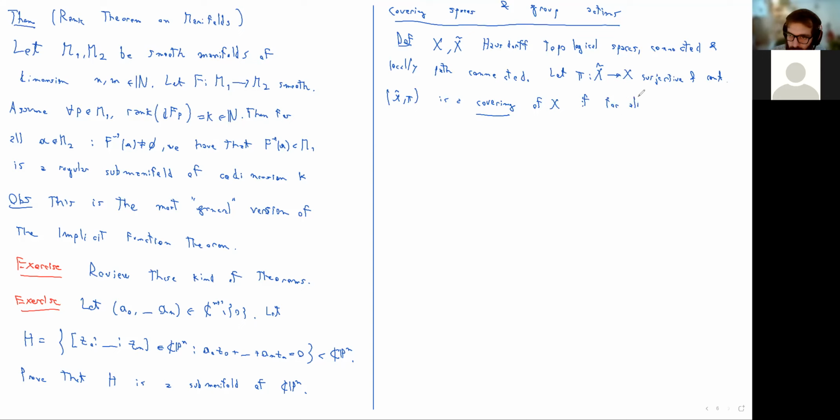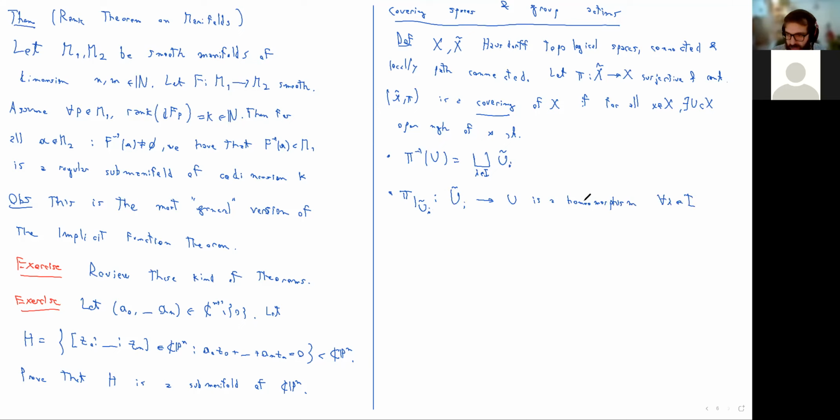if for all x in X there exists an open neighborhood U of x such that the preimage of this open set is simply the disjoint union of open sets U_i, and such that also if you restrict pi to each U_i, this is a homeomorphism for all i in this set of indices.